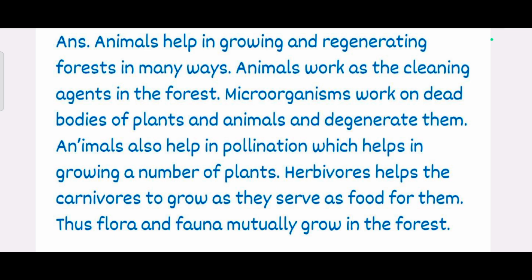Animals work as the cleaning agents in the forest.